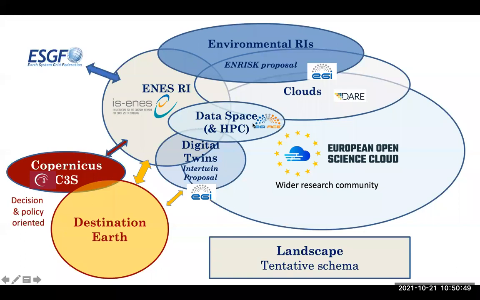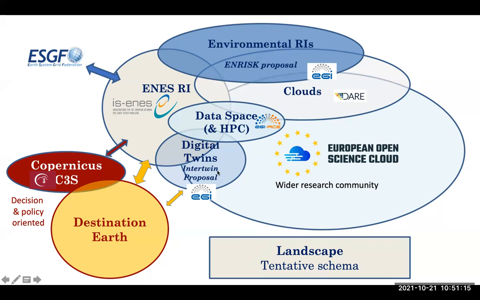We have the data space associated with modeling, where high performance computing is quite key for analyzing the results, which is with EGI ACE. We have the concept of digital twins, where the models, together with our more sophisticated analyses, allow having a better twin digital information available to users.